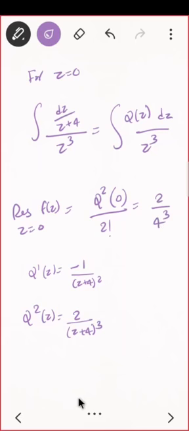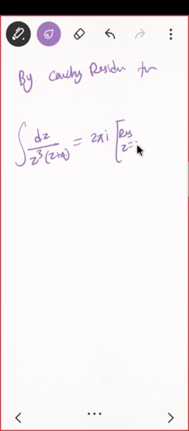So by Cauchy residue theorem, what do we know? By Cauchy residue theorem, we know that the integral, whatever it was, dz upon z cube and z plus 4, is equal to 2 pi I times residue at z equal to 0 plus residue at z equal to minus 4, correct?